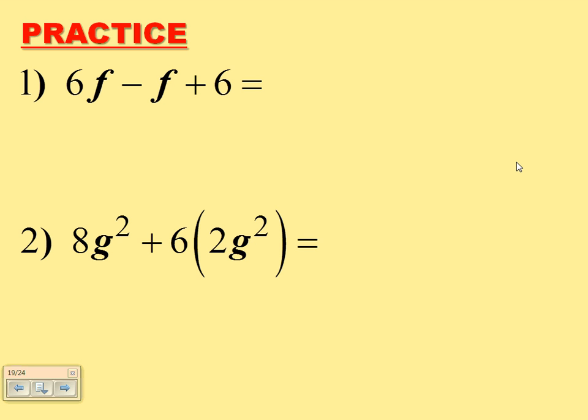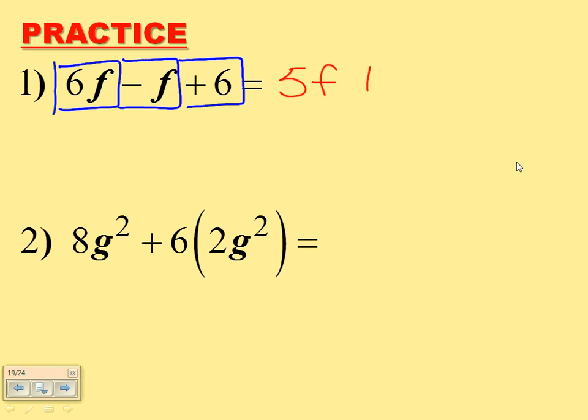For number 1, what I'm going to do is again box my terms. So 6f minus f is going to equal simply 5f plus 6. That's my answer.